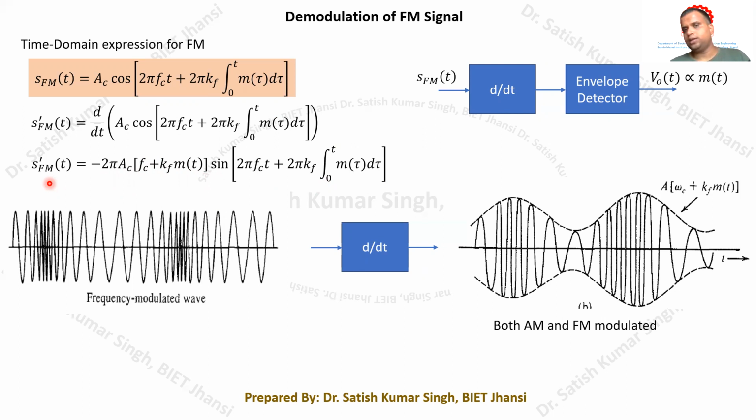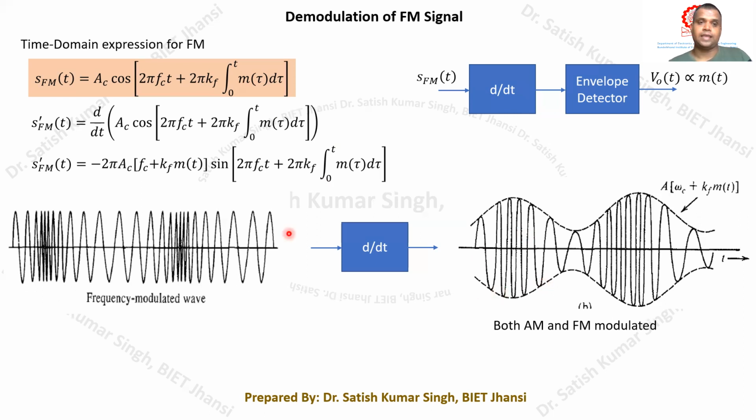So what I'm trying to explain is, whenever we have a frequency modulated signal and we pass it through a differentiator circuit, the output of the differentiator will be something like this. It reflects that it has both AM and FM.